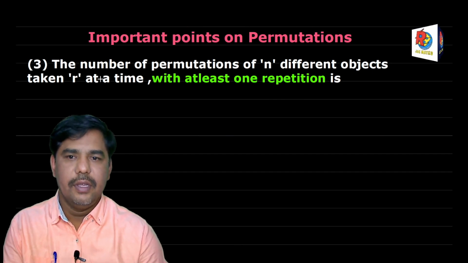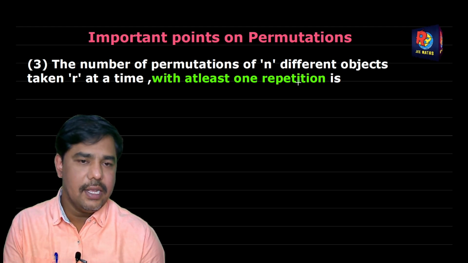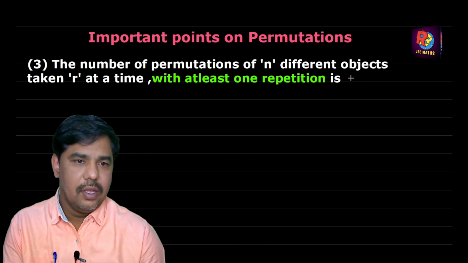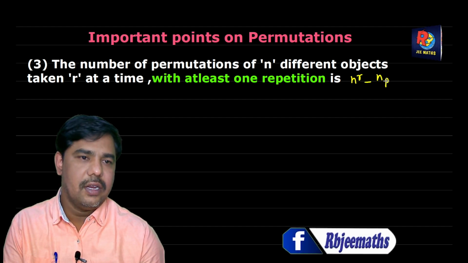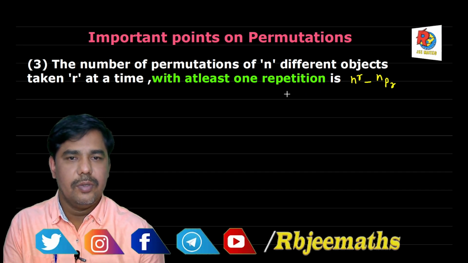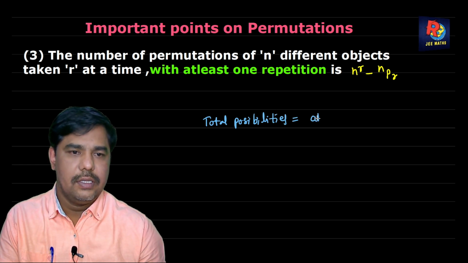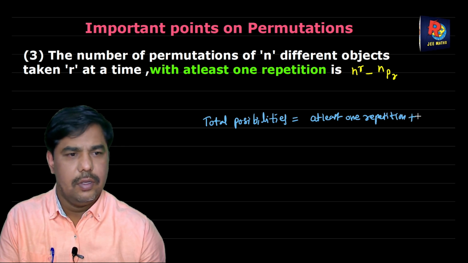Next one, the number of permutations of n different objects taken r at a time with at least one repetition. At least one repetition means when repetition is allowed minus repetition is not allowed. That one we need to take. So total possibilities equals at least one repetition plus no repetition.